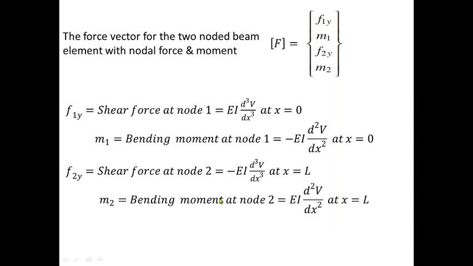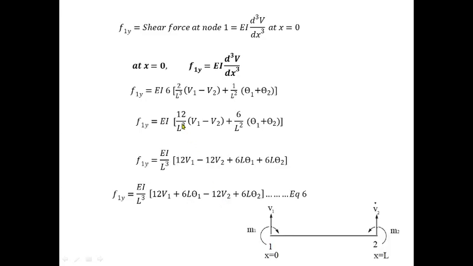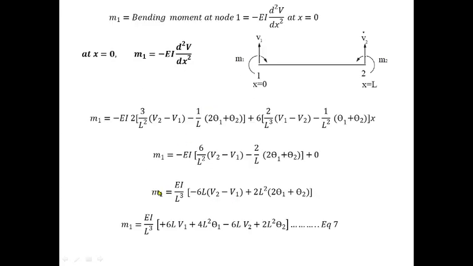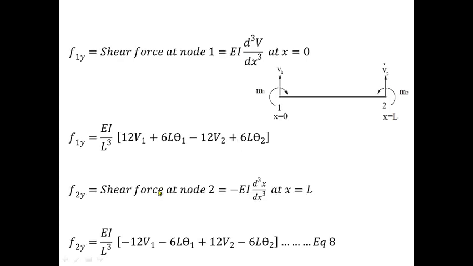I will just show you. For F1y we have EI d cube v by dx cube, and similarly F1y is EI by L cube (12 v1 plus 6L theta 1 minus 12 v2 plus 6L theta 2).